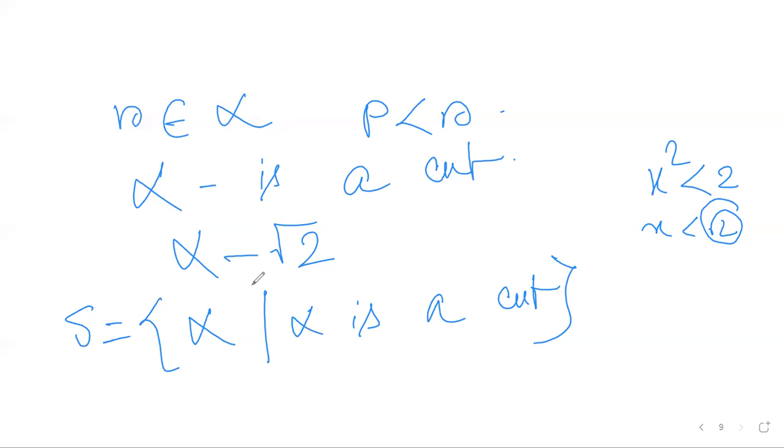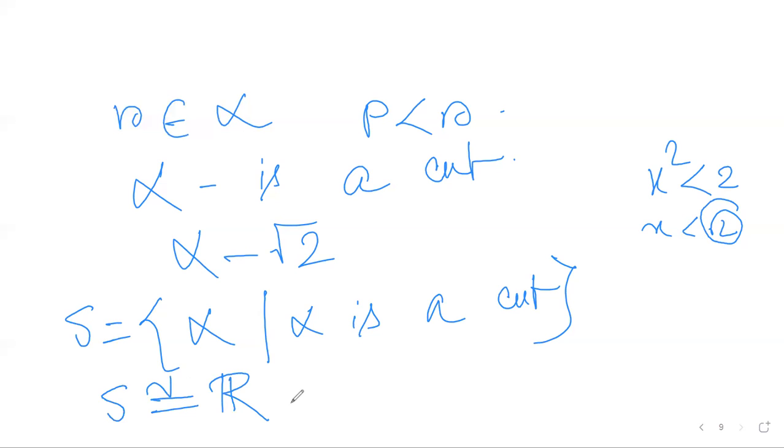So the set contains all rational numbers and irrational numbers, so it is actually the set of all real numbers. Fine, I think it is very much clear to us.